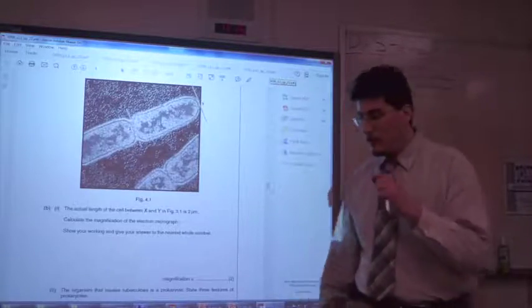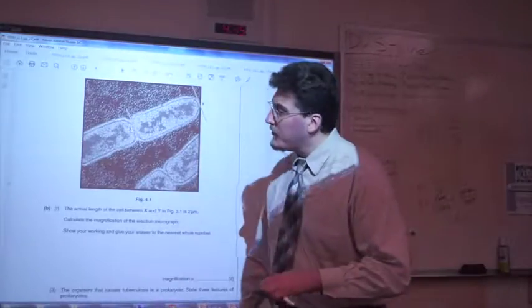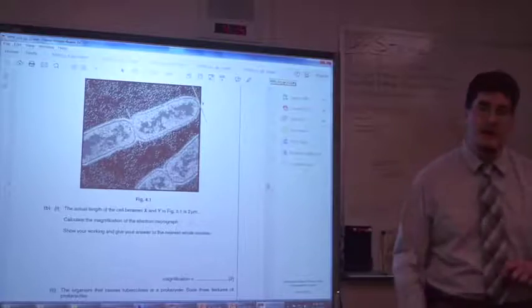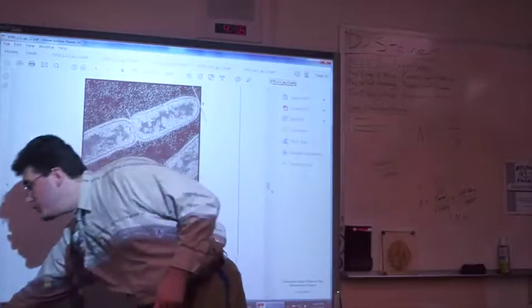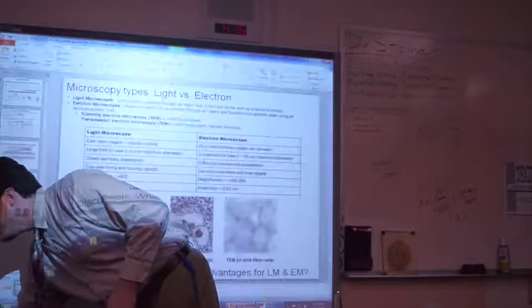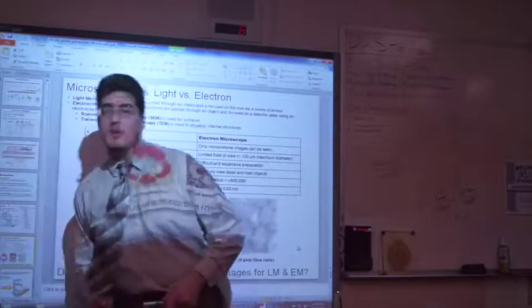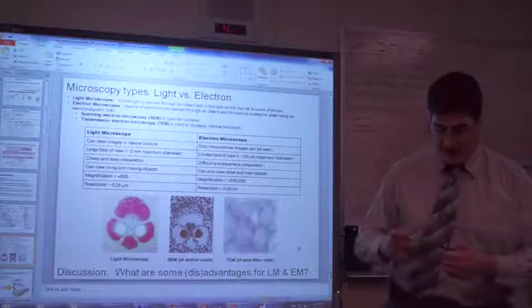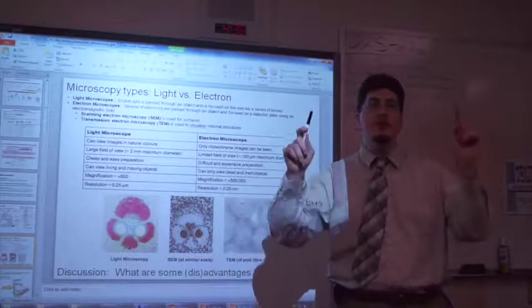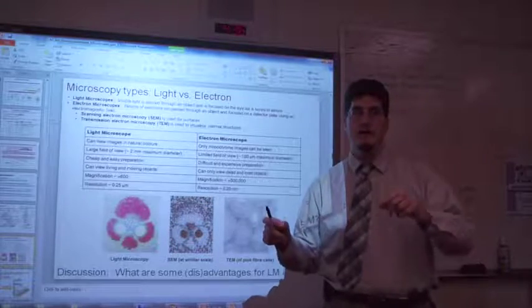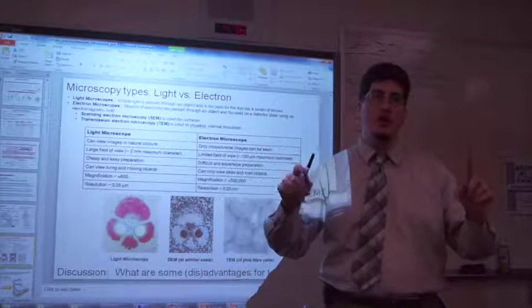And they want you to calculate the magnification. Now, I wish I could have found an example before we began, but sometimes they will give you this particular phrasing, and sometimes they will give you this particular phrasing. The phrasing is, you may lose marks if you do not show your working.